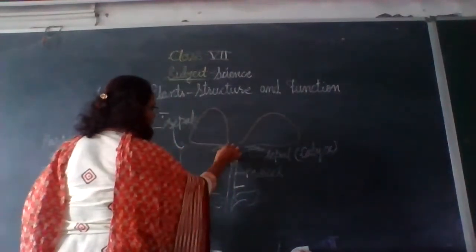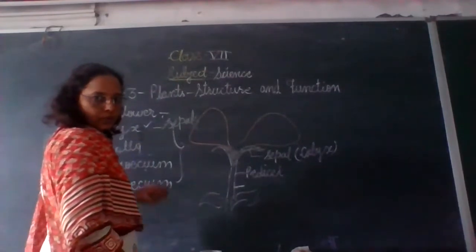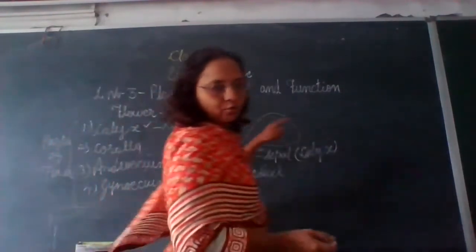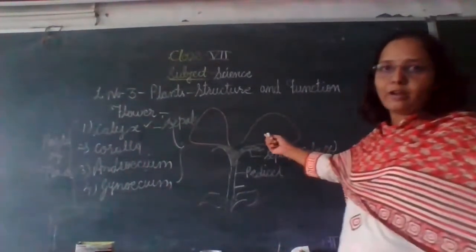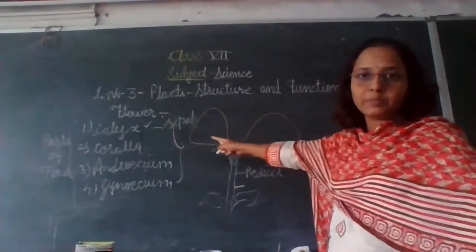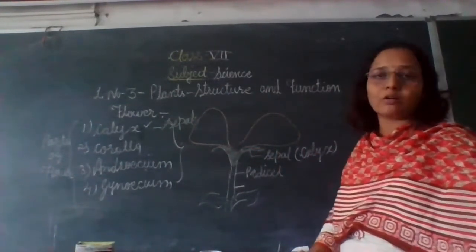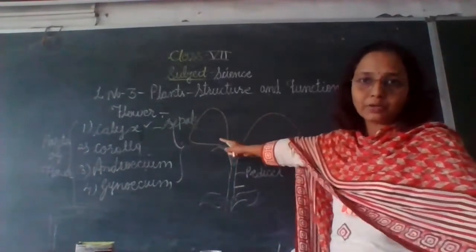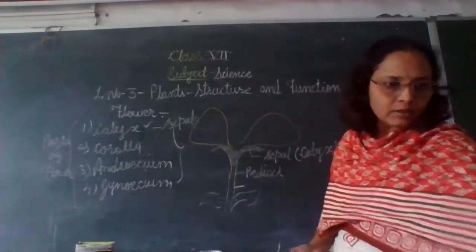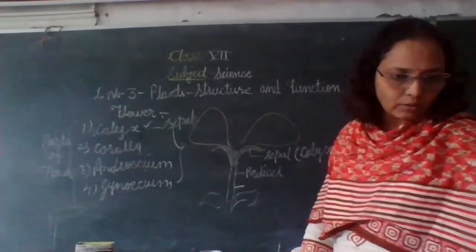I am going to draw here only 2 petals. In some flowers there are 2 in number, in some flowers 4, in some flowers 5. If you observe the hibiscus flower, they are 5 in number. So the petals all together form the corolla.